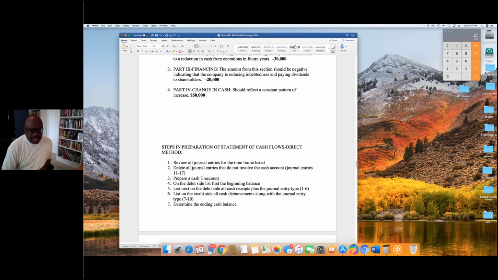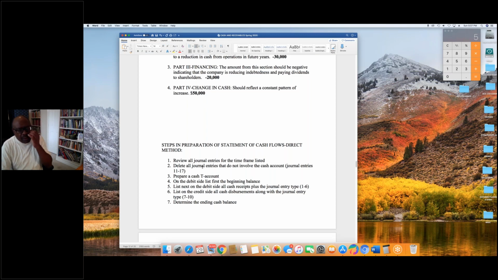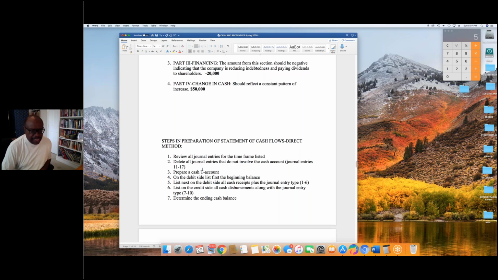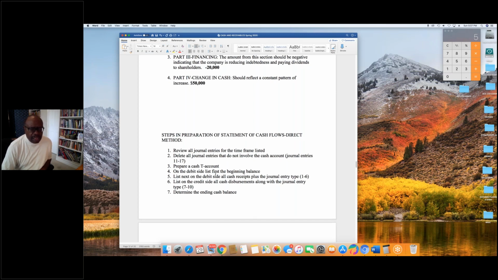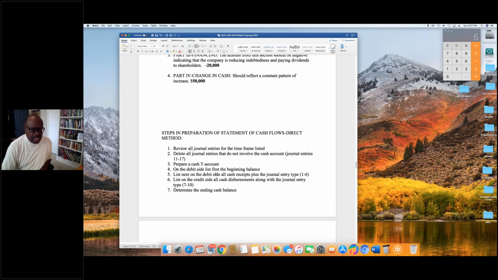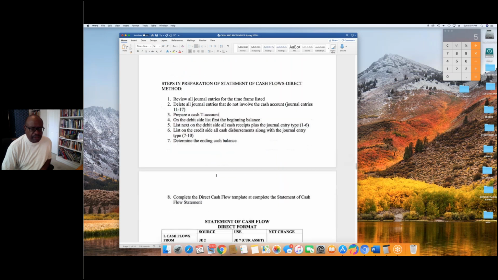If a journal entry does not involve cash, it's not part of the statement of cash flow. So that's 11 through 17, whatever, is not part of the statement of cash flow. We can prepare a T account for cash, or we don't have to. On the left side will be the debit zone plus the beginning balance. Then on the right side will be the disbursements, and we determine the ending balance.